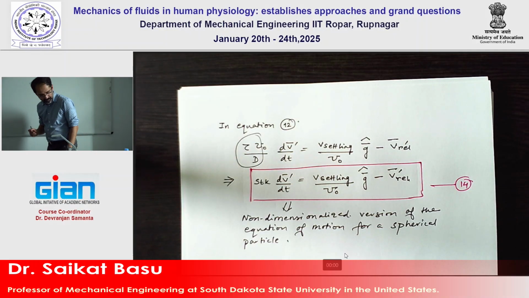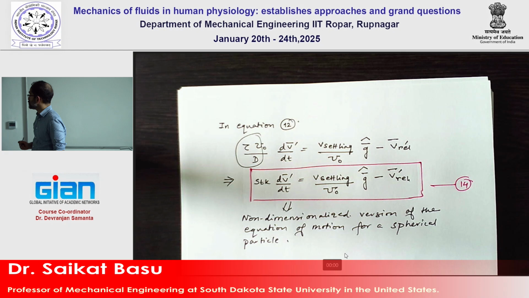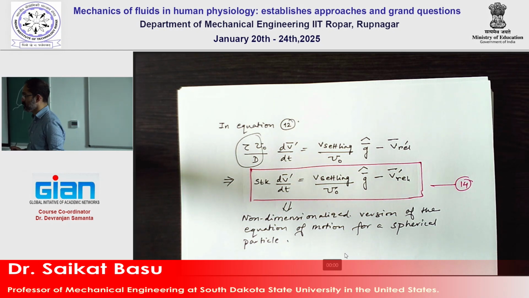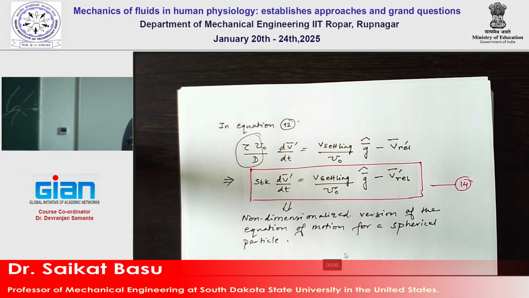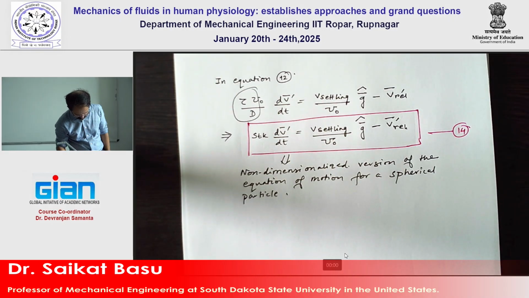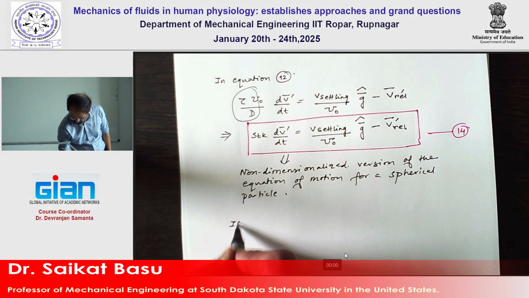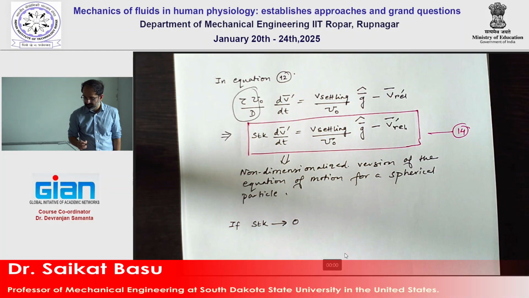Okay, so now that we have this, we can think about the orders of magnitude of each of these terms based on the question that you might try to address. So let's think about the first case being if the Stokes number STK is approaching 0, what happens then?